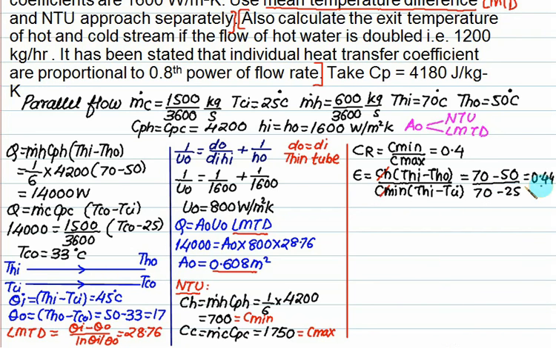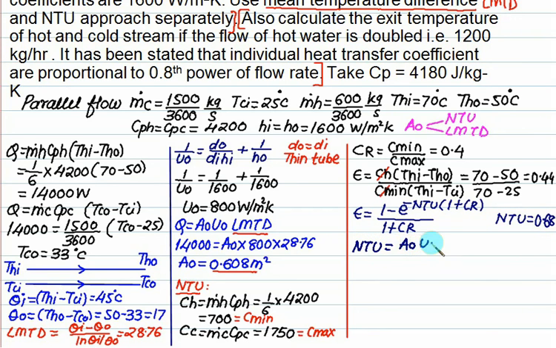For parallel flow, effectiveness is given by 1 minus exponential of minus NTU into 1 plus 0.4, from which we obtain the value of NTU. NTU is A0 U0 by C minimum. A0 we don't know. U0 is 800. So A0 will be almost the same answer as the previous one, 0.608.